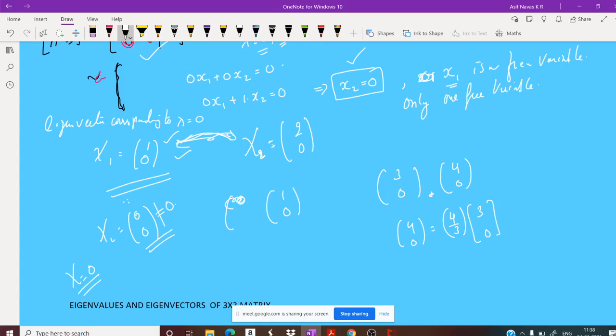So (4, 0) is a multiple of (3, 0). So these are linearly dependent. So if there is only one free variable, you can only find one linearly independent eigenvector. Is it clear? It's very important.